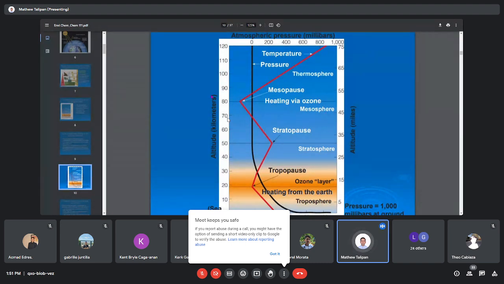If you try to consider this natural phenomenon, this is a display of colors in the northern hemisphere.